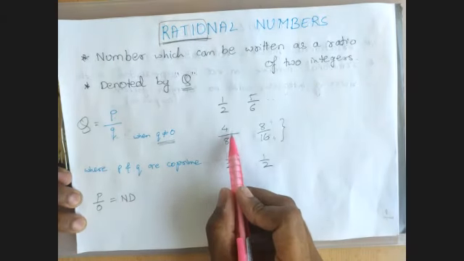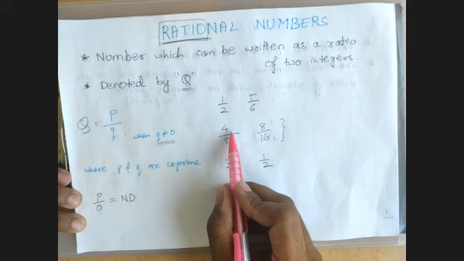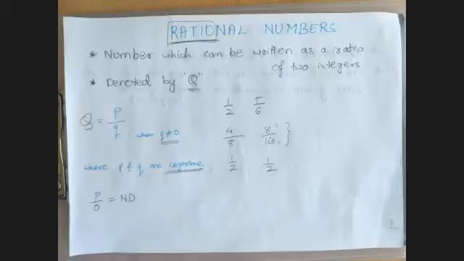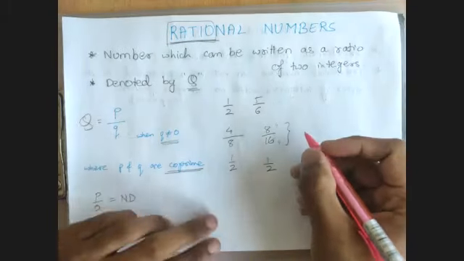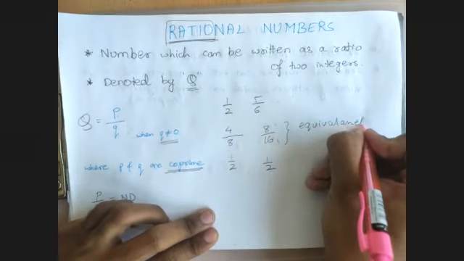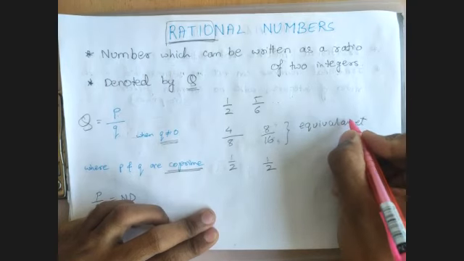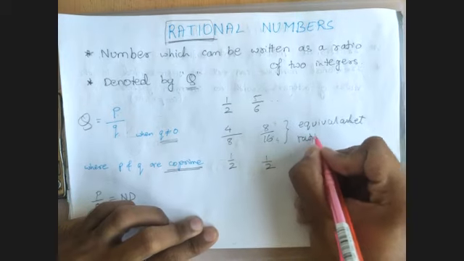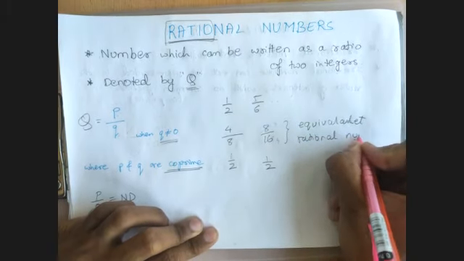That is why they are given other names. The numbers which have more factors than one itself, that is, if they are not co-prime, these types of ratios are called equivalent rational numbers.